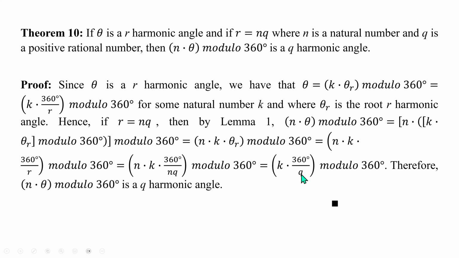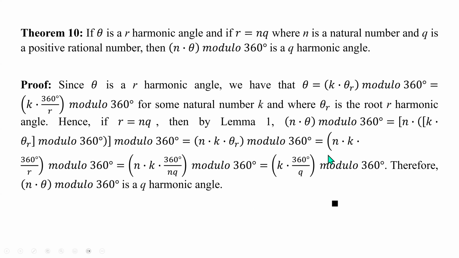But this is basically how we define a q harmonic angle. So therefore, going up to the top, n times theta modulo 360 degrees is equal to this thing here. And so n times theta modulo 360 degrees is a q harmonic angle. And that's it. That works.